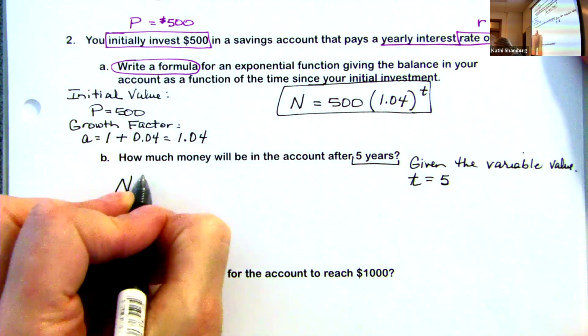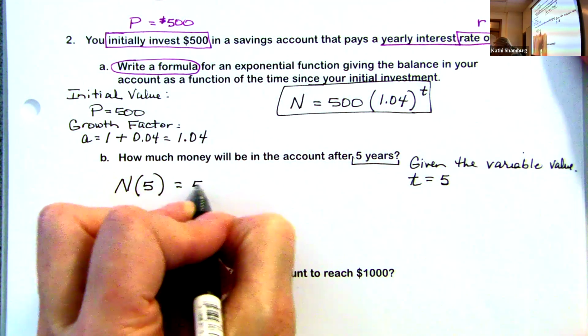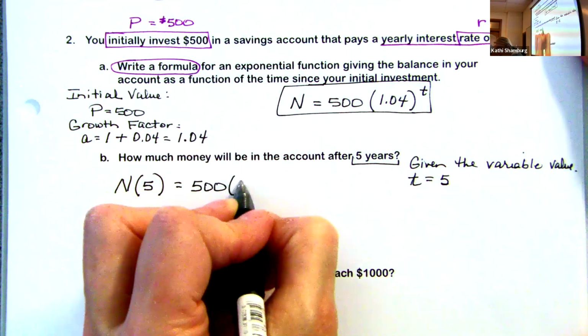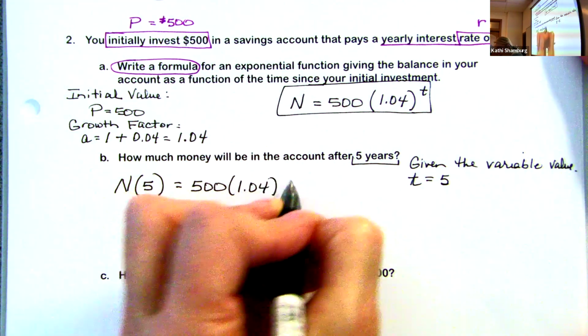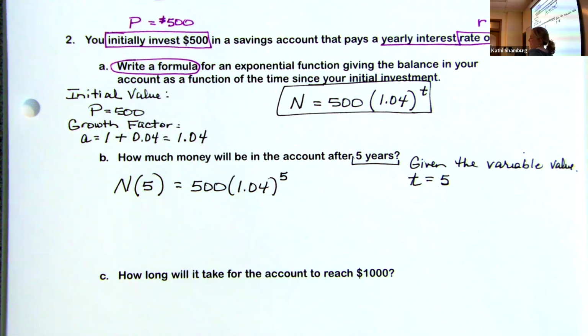So N at 5 years is equal to $500 times 1.04 raised to the 5th power. Now, we're finding what? How much money's in there? That should tell you how many decimal places to go if we're talking about money. 2.